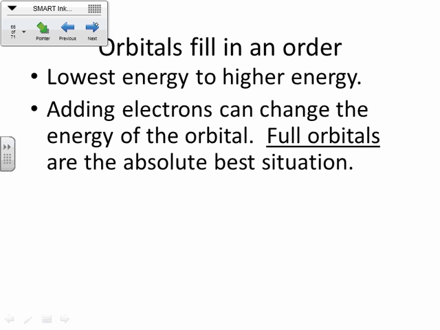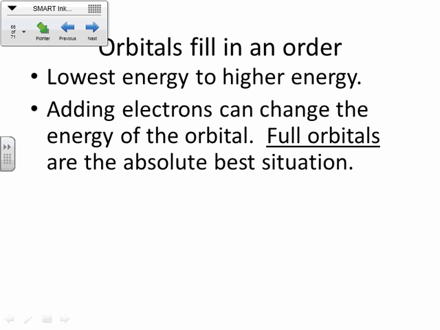So this is just restating some of the things that you already know, so that you have it on your notes, okay? Orbitals fill in an order. They go lowest energy to highest energy, so they start at the 1s and go up because electrons are cheap, right? Adding electrons can change the energy of the orbital. If you have full orbitals, that is the best situation. That's why noble gases are so happy. We talked about that yesterday.